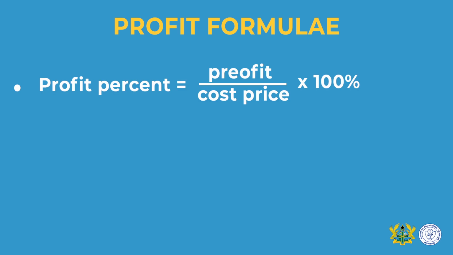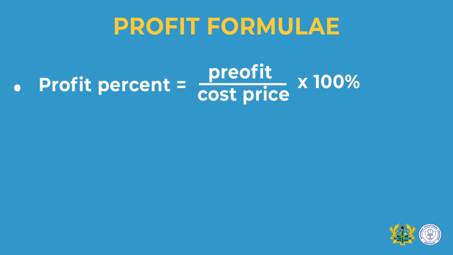When you are given profit and cost, and you are asked to calculate your profit percent, we also have a formula that can make your work a little bit easier or faster. As can be seen on the screen, profit percent is equal to profit over cost price times 100%.